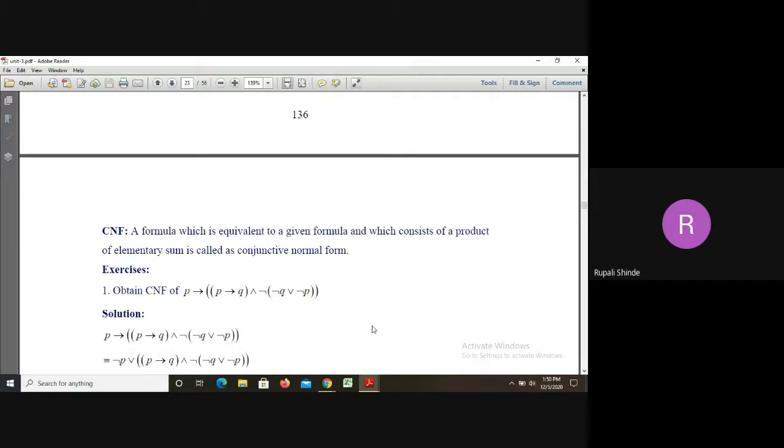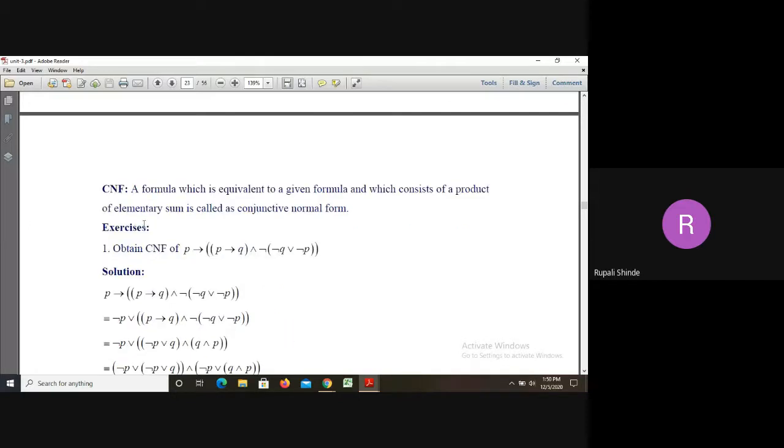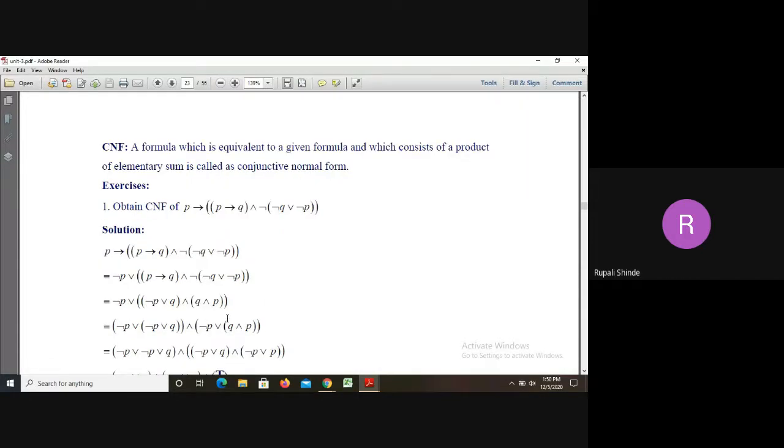In this example, we can remove this conditional. First this conditional is removed as negation of P or Q, and the second term as it is. Then again we have to remove the conditional inside the bracket: negation P or Q. Now if you apply this negation over this bracket, the negation will get cancelled. You will get Q and P.